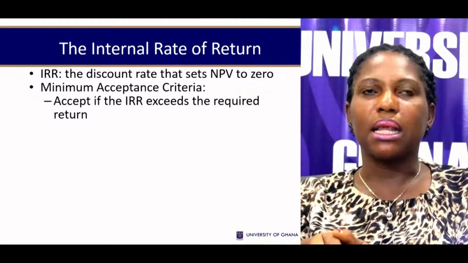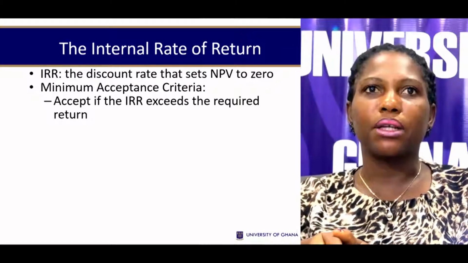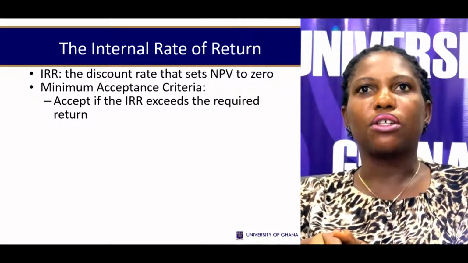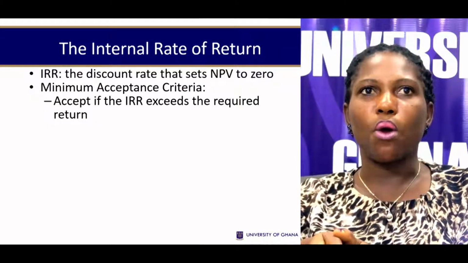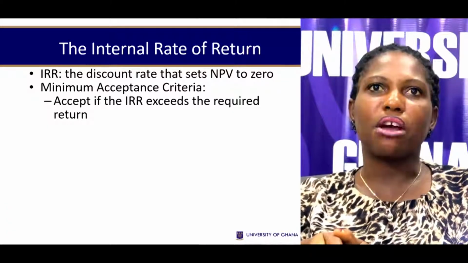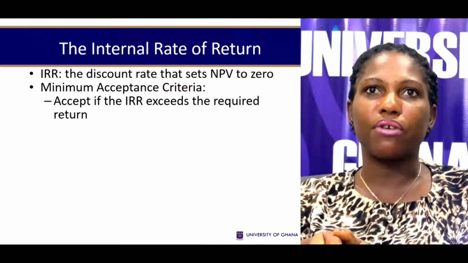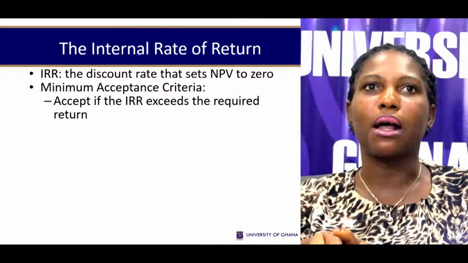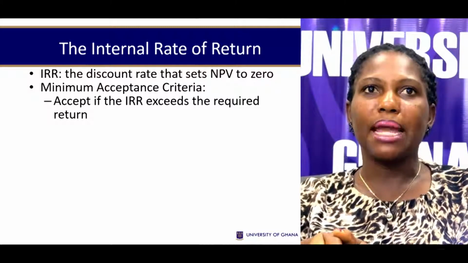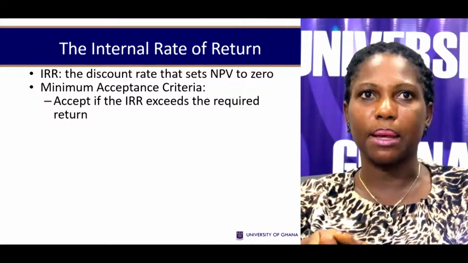For that reason, the minimum acceptance criterion should be that we accept a project if the internal rate of return exceeds our required rate of return. By implication, if the rate of return to be made from the project exceeds the required rate of return, or the cost of capital to be paid in acquiring funds to embark on the project, then the project is acceptable.